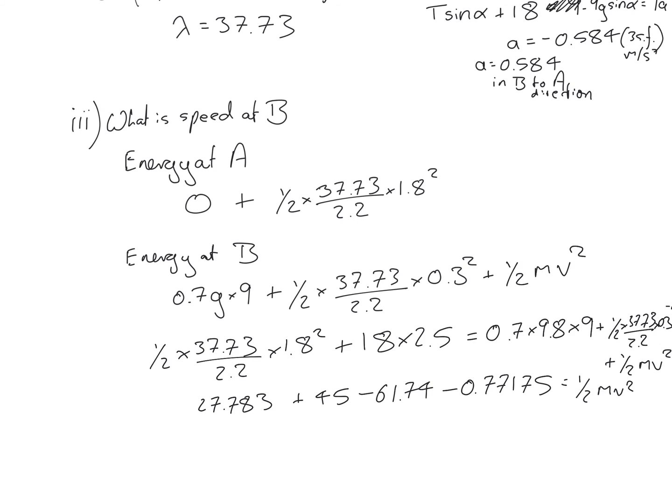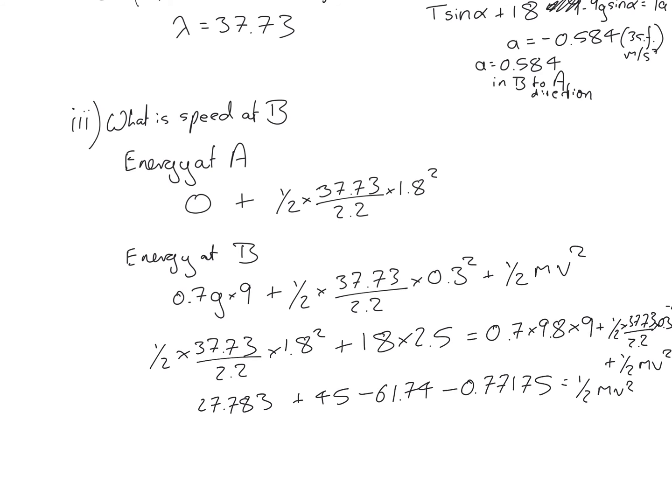So add all those up, 27.783 plus 45 minus 61, minus the elastic, equals half mv squared.